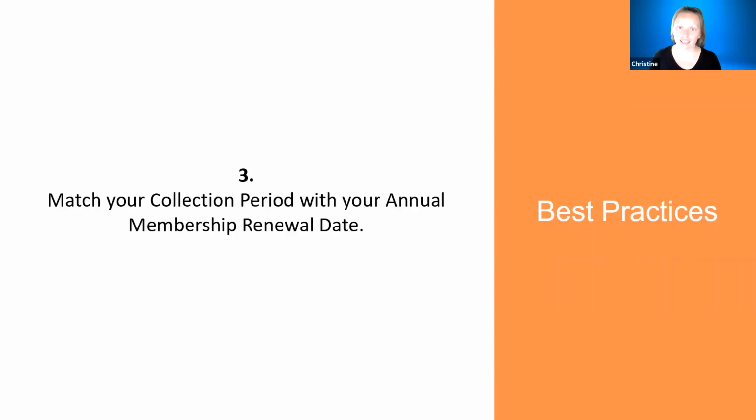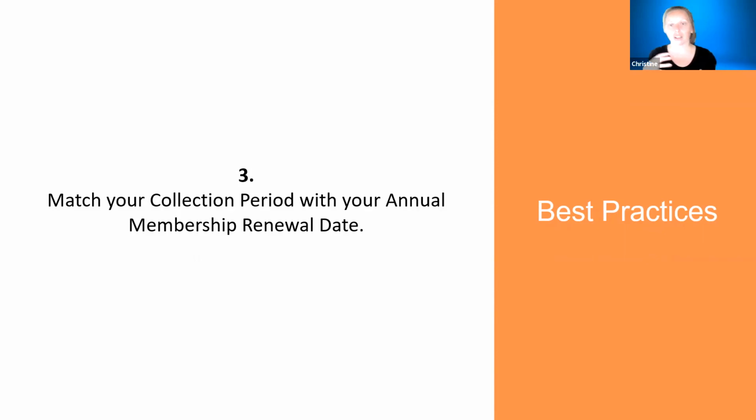Always encourage it. And then finally is keep your collection period consistent with your renewal period. So if you're doing an annual membership, you have an annual collection period, match them up so that they coincide together, because having a collection period not match makes it a little difficult.